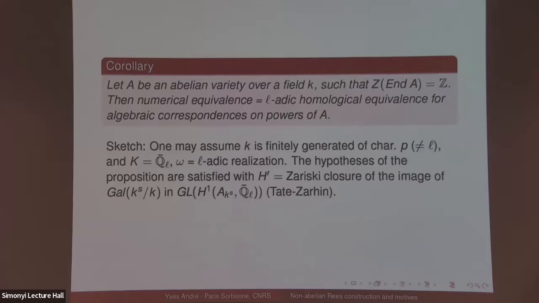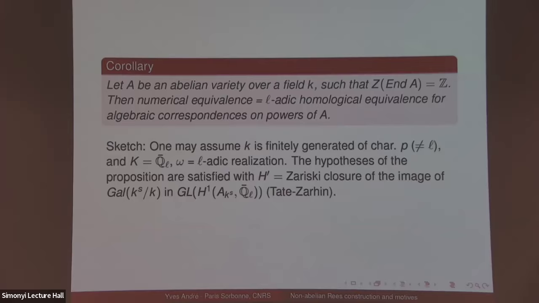In characteristic 0, this has been well known for many years, by Lieberman. So I assume that K is of characteristic p, different from l, and I also assume that it is finitely generated. And I shall extend K to its algebraic closure Q bar. In fact, the question of whether numerical equivalence is homological equivalence is insensitive to such an extension, because it's a question of whether a certain pairing is degenerate, so you can extend scalars.